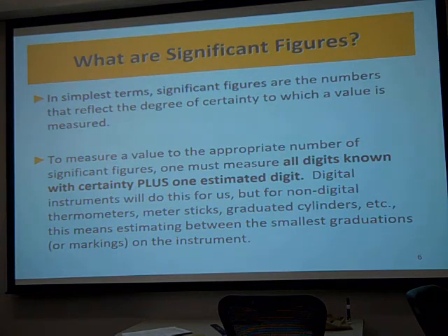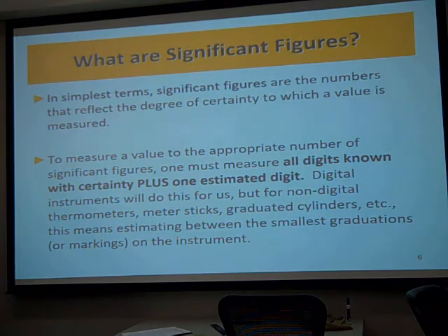So, this last significant figure of any measured number, that is uncertain. It's estimated. It could be a little bit more or a little bit less than what you would expect it to be. We'll go into that a little bit more in a second.